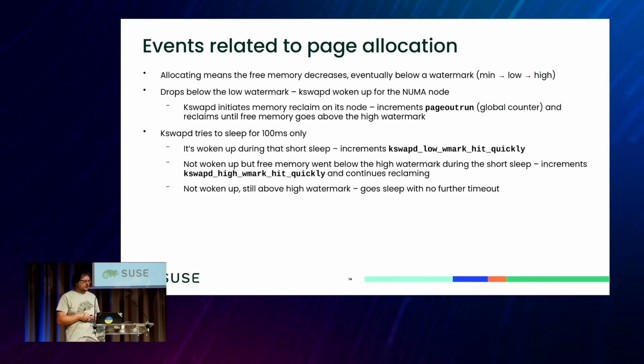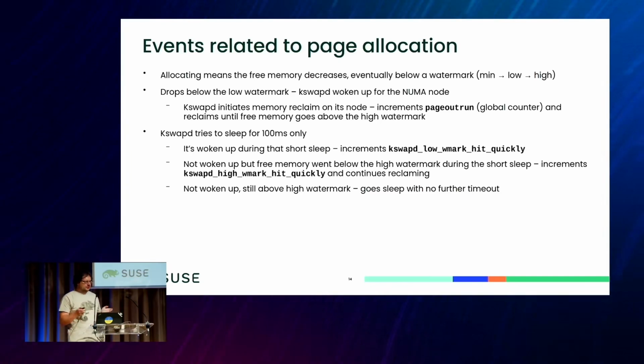Then what it does, it tries to sleep only for 100 milliseconds to figure out whether there's still memory demand. And if something wakes it up because it went again below the low watermark, it increments this low watermark hit quickly and continues reclaiming.